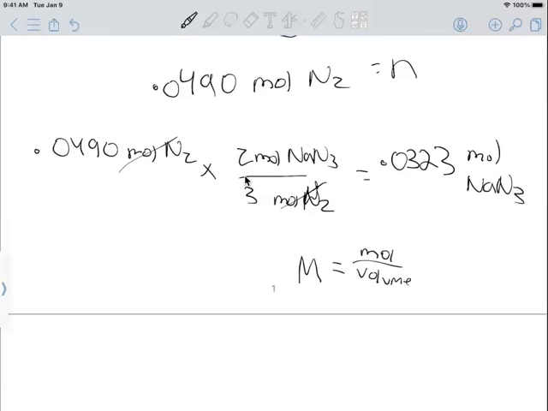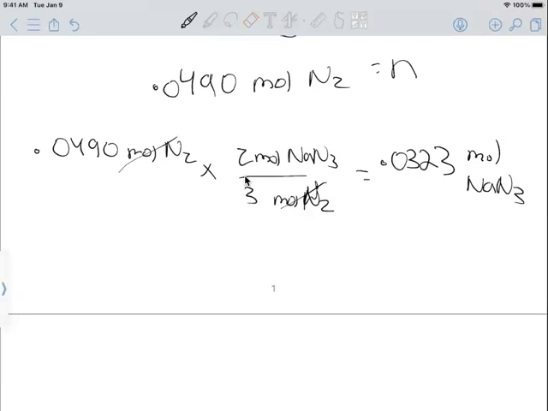You plug in your moles, you plug in the molarity you're given, and then you'd solve for the volume. That would be the volume you have to measure out. But that is only for aqueous solutions. So for this problem, we won't need that.